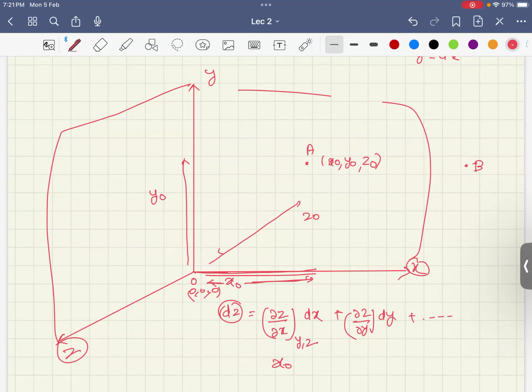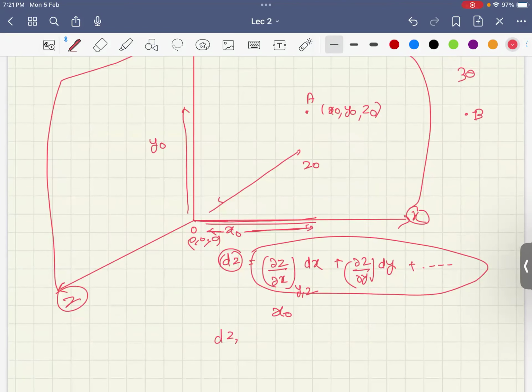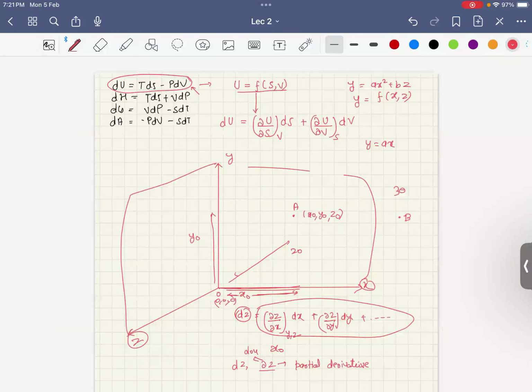If we have, say, 30 dimensions, this terminology also follows. So that is the true meaning of the difference between dz and del z. This is called a partial derivative.